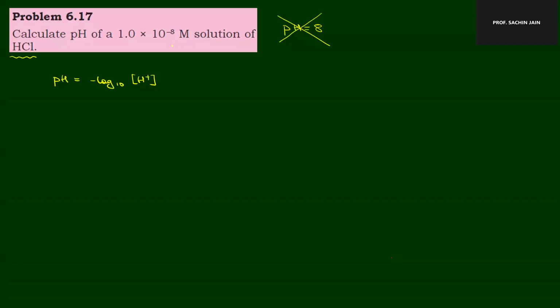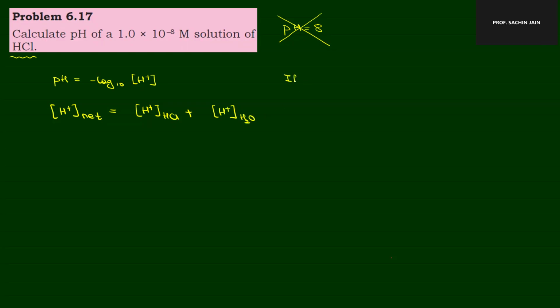In this data, the 10⁻⁸ molar HCl says that the H plus concentration is 10⁻⁸, which is even less than the H plus concentration present in water, that's 10 raised to -7. In such a case, the H plus concentration to be taken is the net concentration in the solution, which is H plus coming from the HCl plus the H plus coming from water.